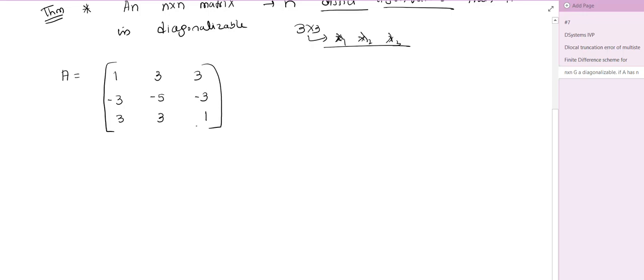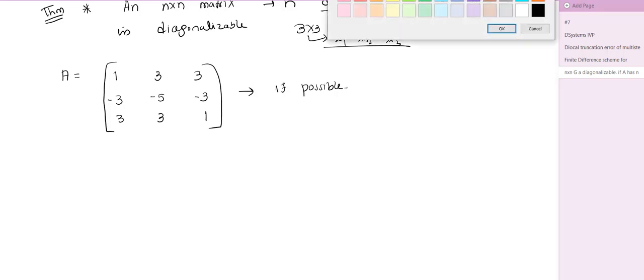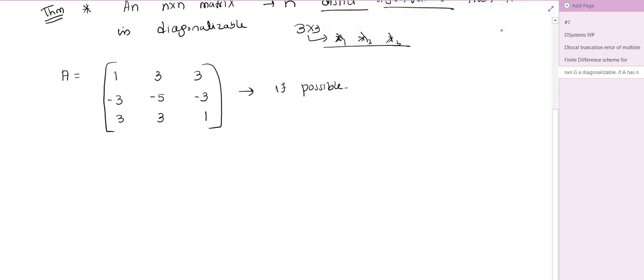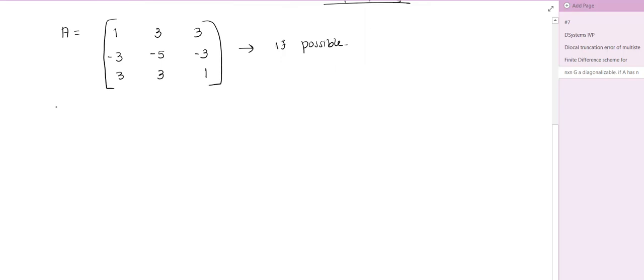If this is the given matrix, we have to diagonalize it if possible. So how can one check the diagonalization? What are the steps involved in this?